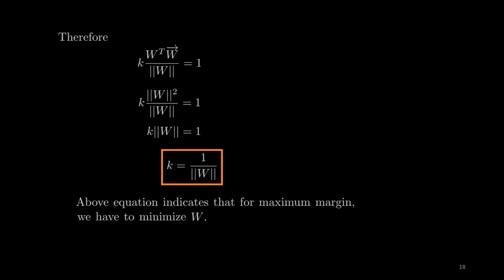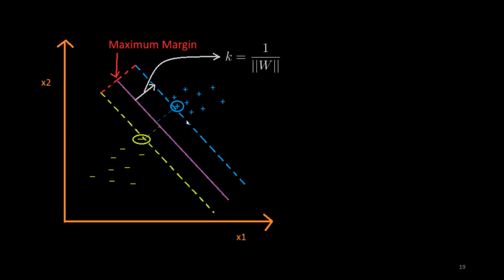Furthermore, this k also controls the regularization of a support vector machine. So this is a very important parameter. So here is the discussion about the k, and we will see how we can set the value of k in order to make support vector machine a hard classifier or a soft classifier.